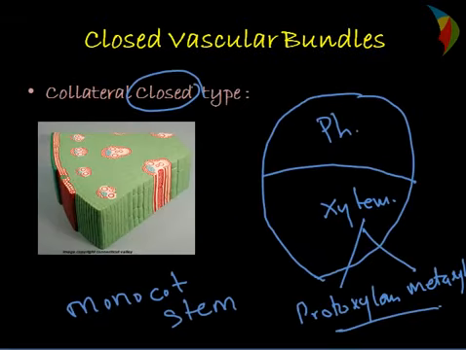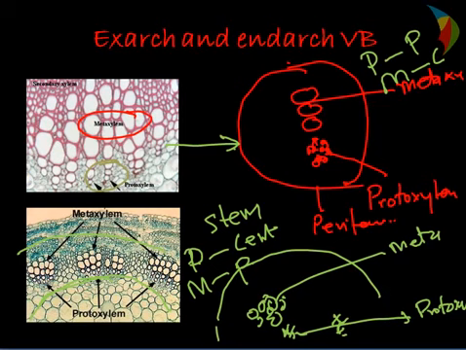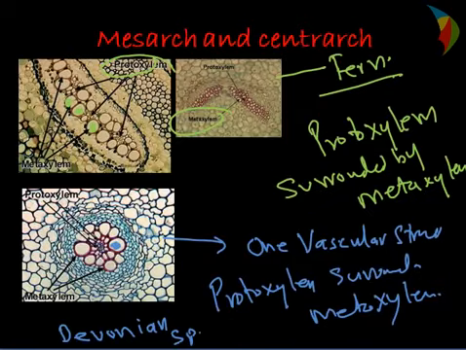Closed type, as I told you, is of monocot plants. Then we have radial vascular bundle, mostly found in roots, where the phloem and xylem are alternate. Then we have exarch type and endarch type, and lastly we have mesarch and centric type, with examples of fern and Devonian species.